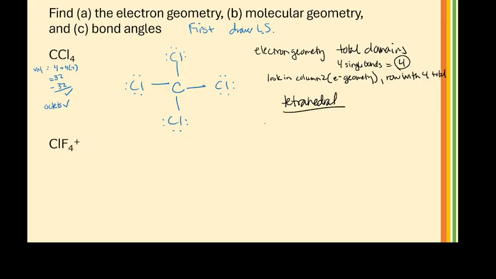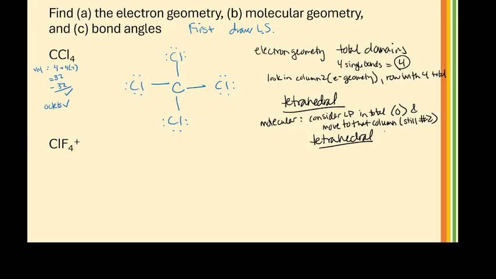For my molecular geometry, I'm going to consider lone pairs in total. Well, there were no lone pairs, so that's 0, and I would move to that column. It's the same column, still the second column, so it's going to be the same, tetrahedral.